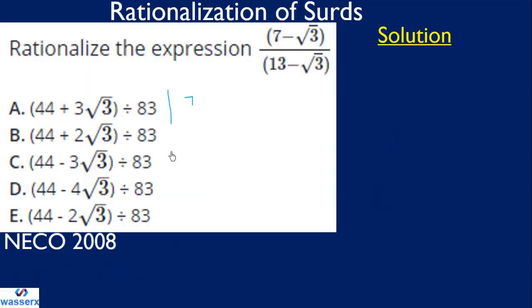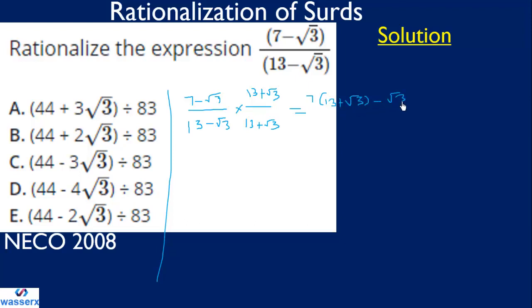Now we have this one. We are rationalizing 7 minus root 3 over 13 minus root 3. So we multiply both the numerator and the denominator by 13 plus root 3. So this is going to give us 7 times 13 plus root 3 minus root 3 times 13 plus root 3 all over 13 squared minus root 3 squared.